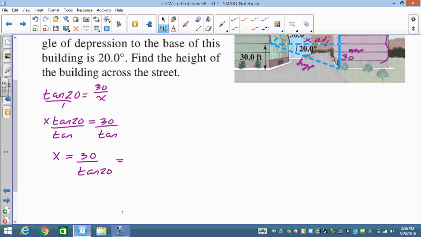Hold on a second. Let's throw this in the calculator and figure this one out. 30 divided by tangent of 20 equals 82.4243.